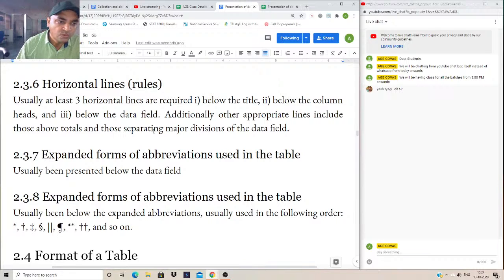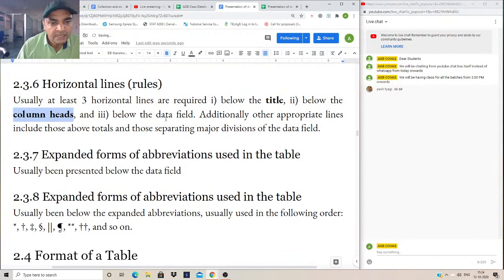These are rules. Usually at least three horizontal lines are required. One is below the title. Then one below the column headings, and one below the data field. Additionally, other appropriate lines can be used, like above totals, separating major divisions of a data field.